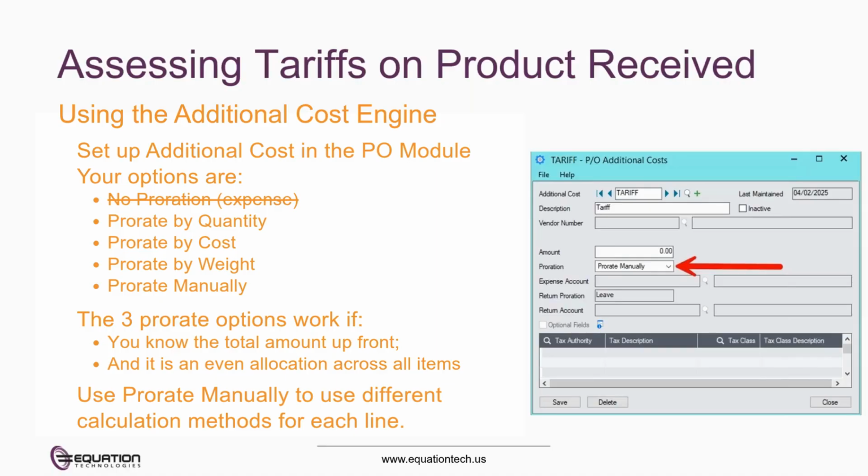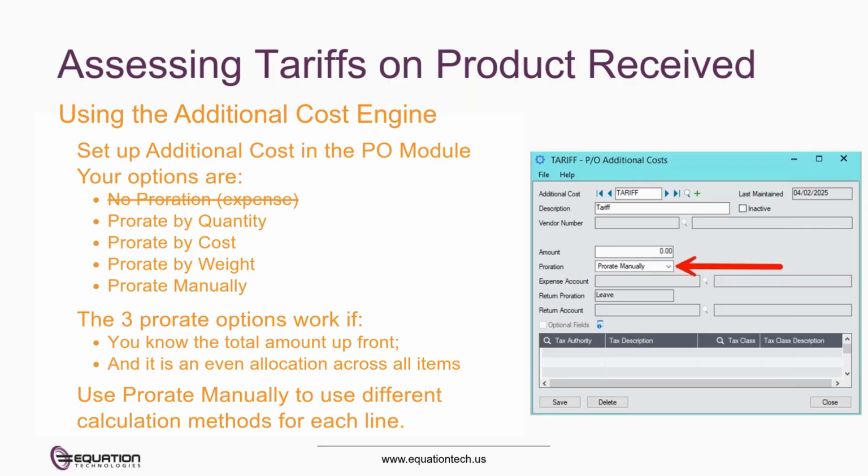However, a lot of people are going to have situations where they've got a mixed container of product coming in, and maybe that has different tariff codes applied to it, and we need to track that information on a line-by-line basis.